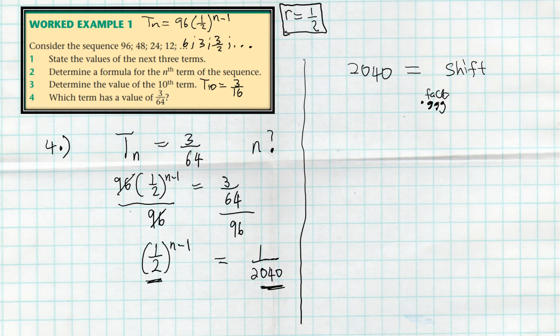I just made a slight mistake here. This is 2048, not 2040. So you do the same. You use your calculator, you type 2048, press equal sign, press shift and press fact.